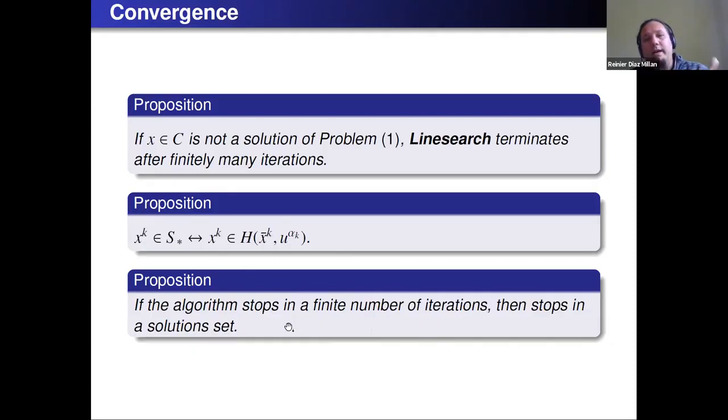Because when the algorithm stops in a finite number of iterations, either we use the first fact on the projection step, or we use the second fact: the algorithm stops because Xk belongs to Hk. This proposition basically ensures that if the algorithm stops in a finite number of steps, then it stops in the solution set.